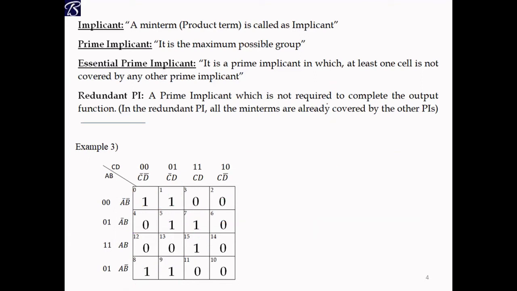Students, let me tell the difference between essential prime implicant and non-essential prime implicant. Suppose, for example, a source is there, some village. I want to go to this destination, some other village.